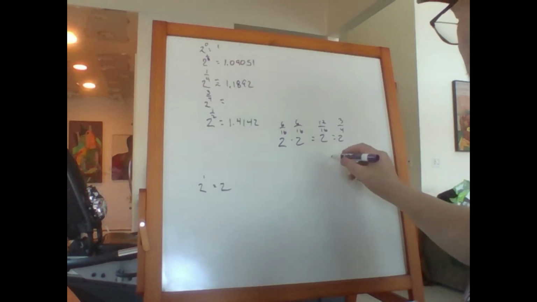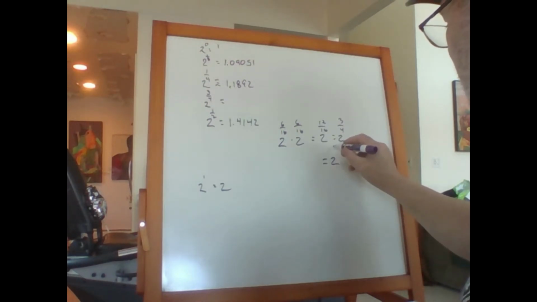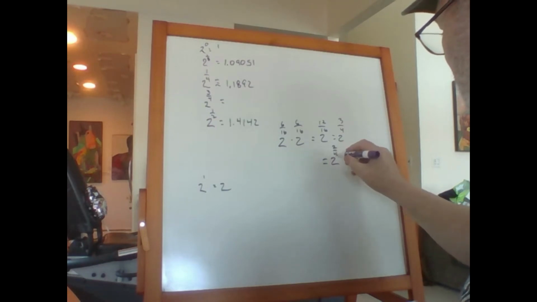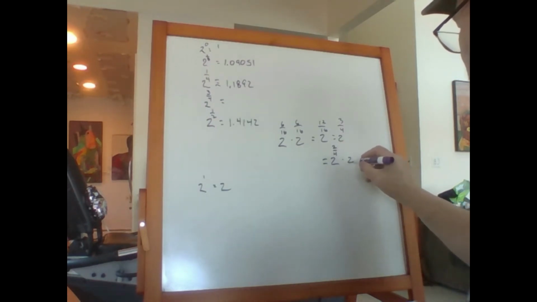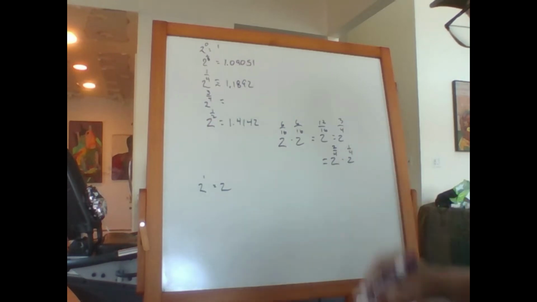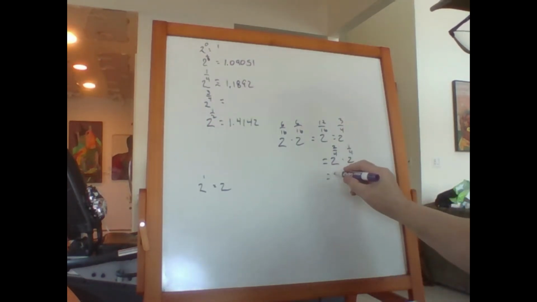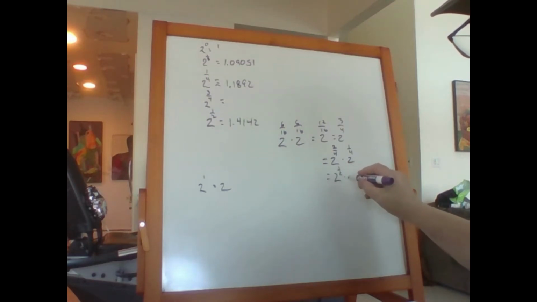So this is equal to 2 to the 2/4 times 2 to the 1/4. Well, this is just 2 to the 1/2 times 2 to the 1/4.